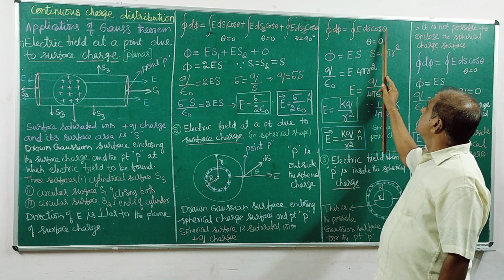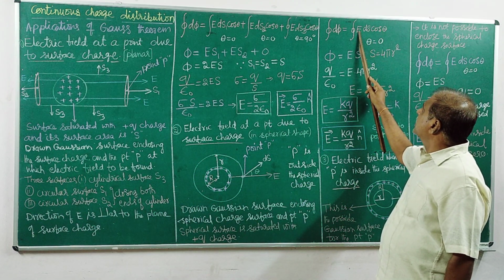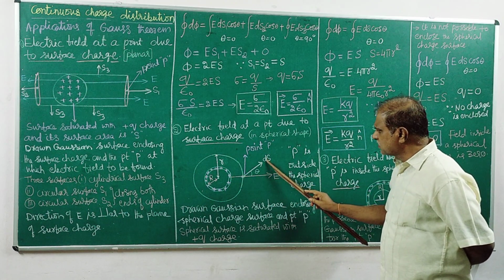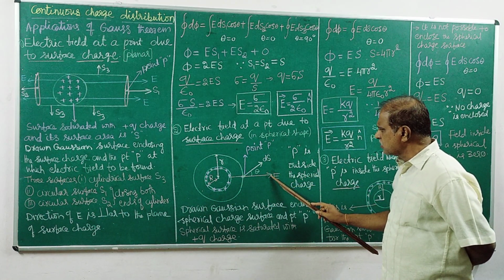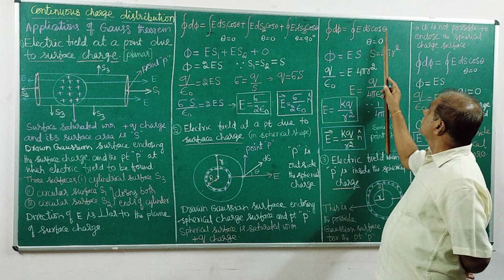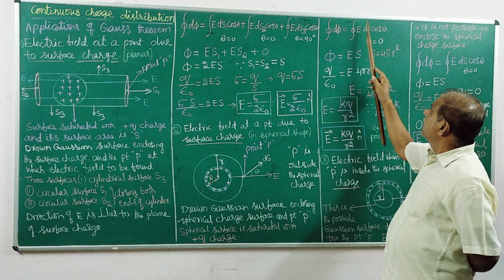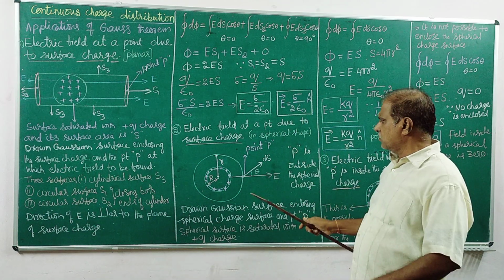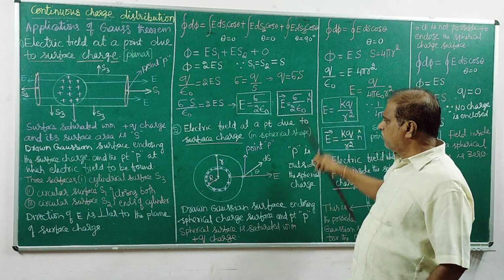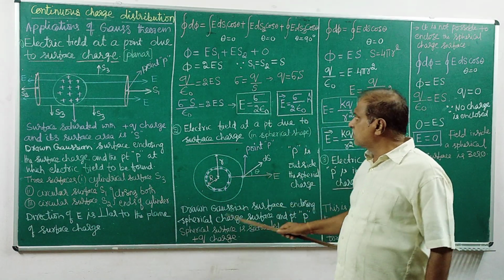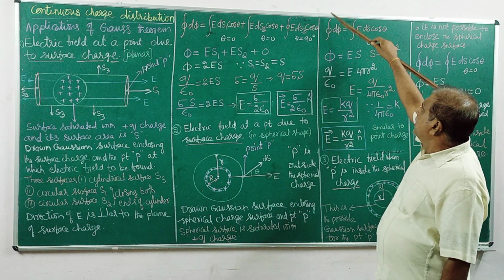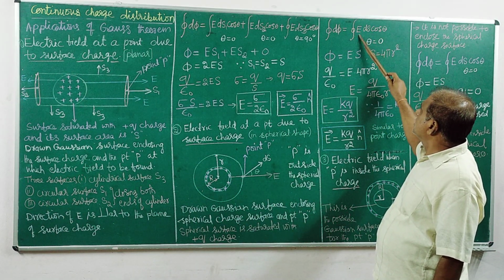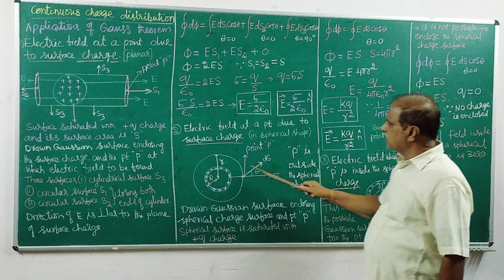Cos theta, theta is the angle between this vector and this vector. I told you at this point, this vector and this vector coincide. Theta is equal to 0, cos 0 is equal to 1. And the integration is for the total flux. At every point you have this flux. For the total flux through the Gaussian surface, we integrate this. E comes out, and this becomes the total surface area of the sphere.